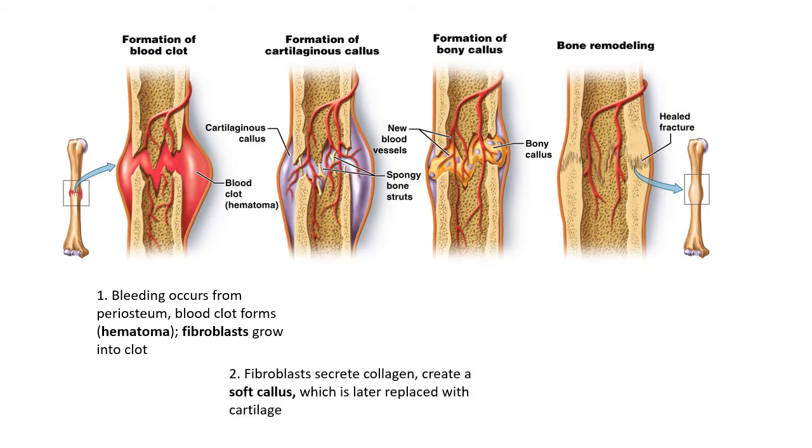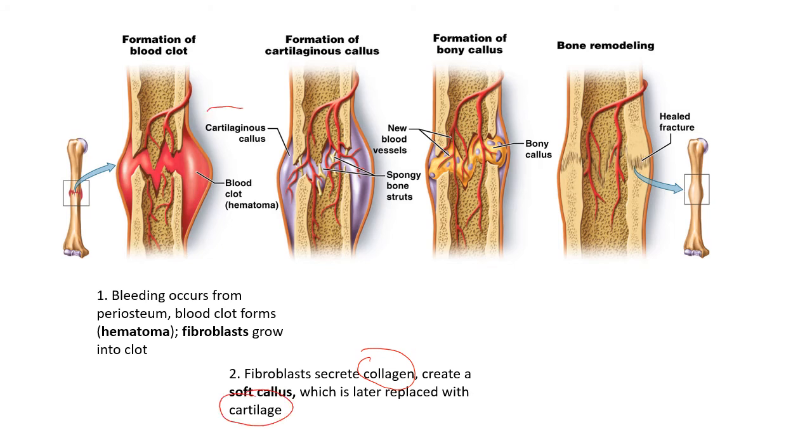When they do, they secrete collagen. So they're going to secrete that collagen fiber, and that creates what is called a soft callus. And we can see that in purple here in this middle figure. So we see this bulge around the outside of the break, and eventually those collagen fibers, they're basically setting up a framework and they will be replaced by cartilage.